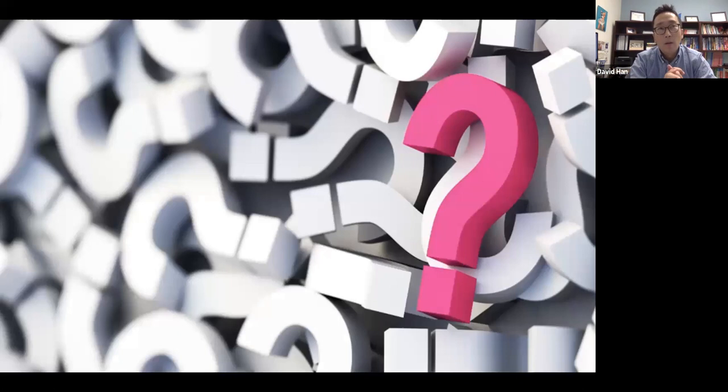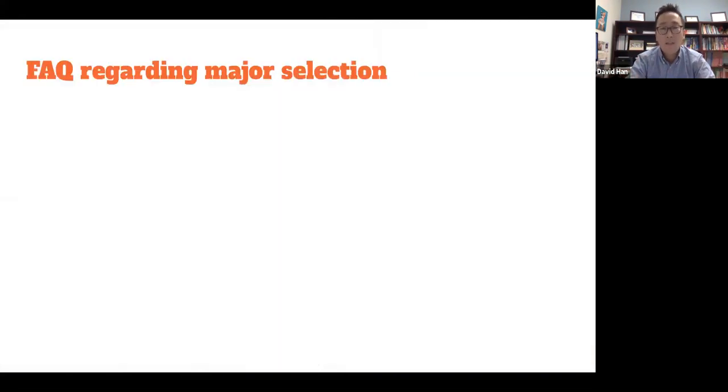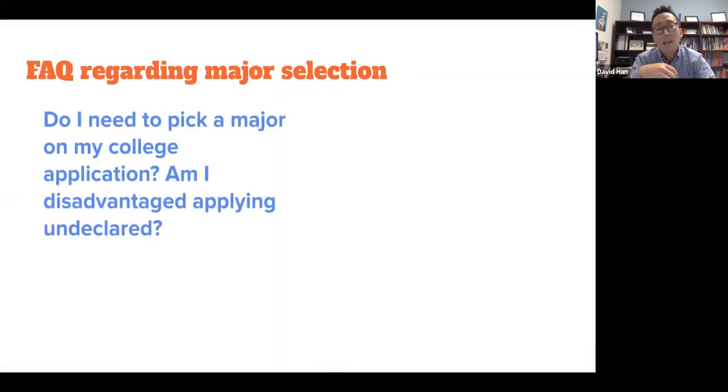Okay, so every single year when we're working on college choice and major choice, it's always the same questions. If I pick a major that's impacted, am I disadvantaging myself?